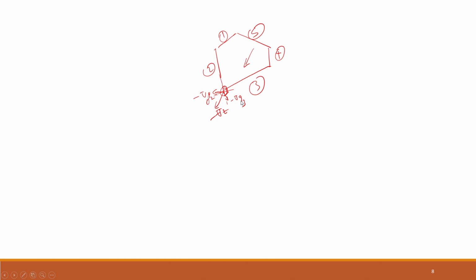However, you can check at other corner points. For example, take a look at this point here, which is the intersection of constraint 1 and 2. So here, if you draw the minus of gradient of the constraint 2, then the gradient of the function g2 will be in this direction. So minus of gradient of g2 will be in this direction here.